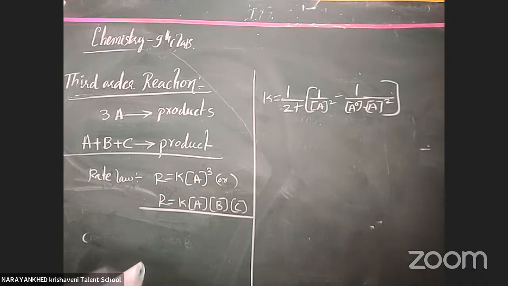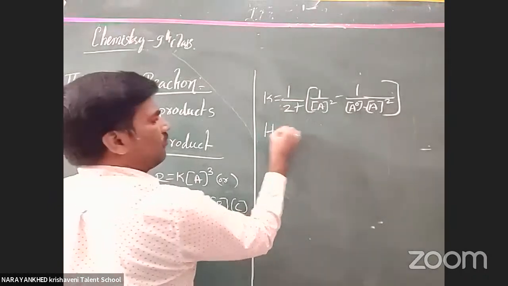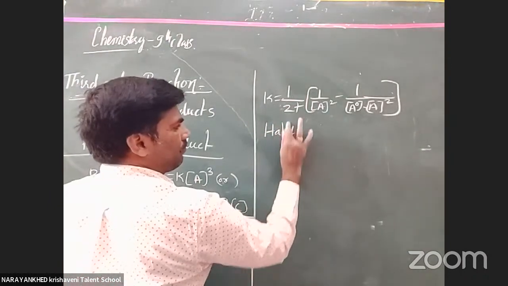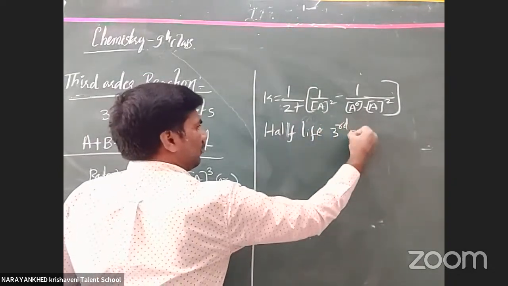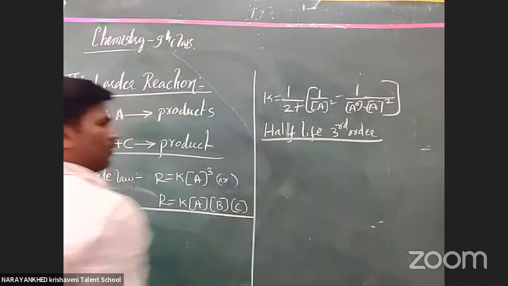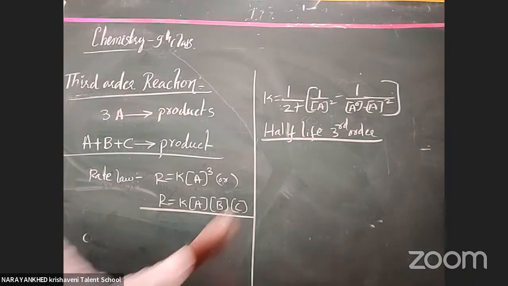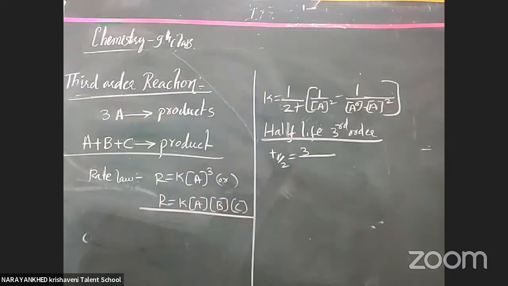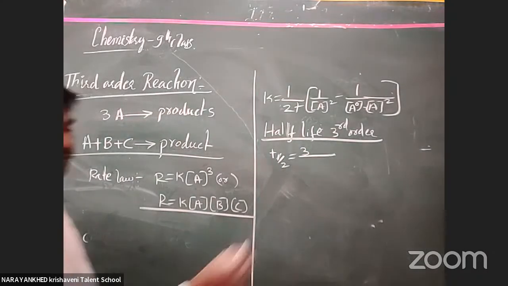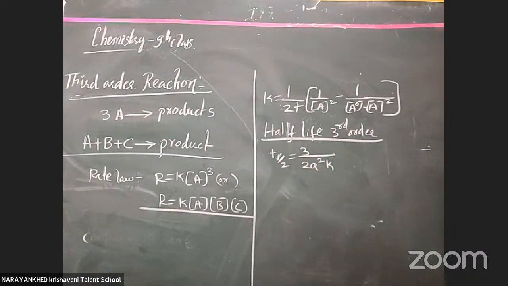Now the K value for this, and the half-life time period. The half-life for a third order is taken as T half is equal to 3 by 2 A square K. That is the half life here.